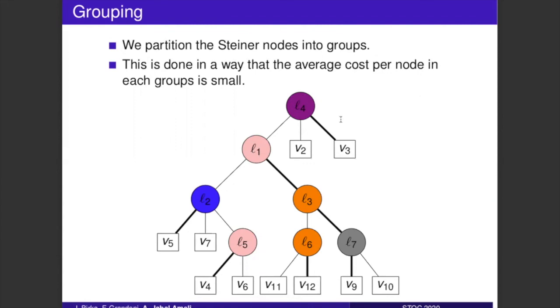Recall that leaf Steiner nodes have a small cost. So in each group, we try to put at most one non-leaf Steiner node. And if that non-leaf Steiner node has high cost, then we try to put more leaf Steiner nodes in that group, so this balances the costs.